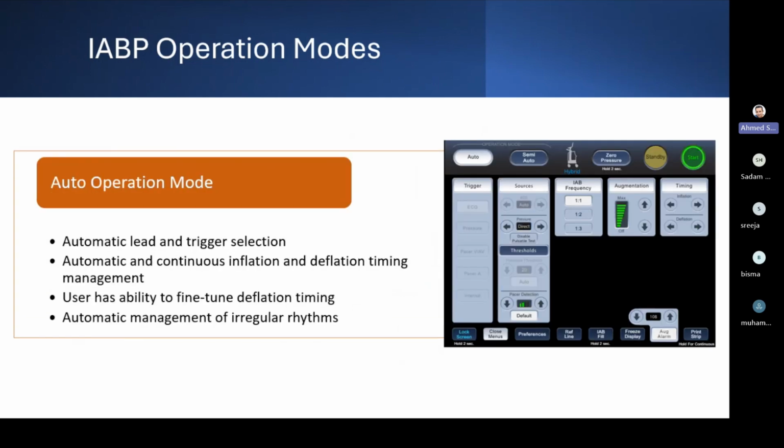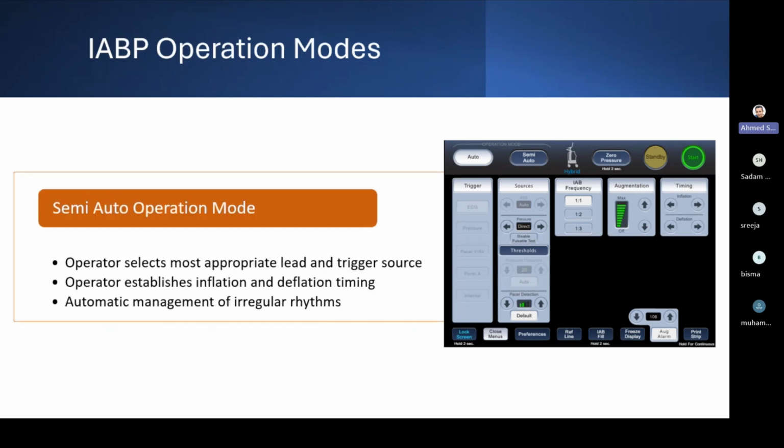In the auto mode, the machine will automatically select the trigger, and also it will automatically control the inflation timing, but the operator will have access to adjust the timing for the deflation. And also the balloon will automatically manage the arrhythmia regarding the timing for the inflation and the deflation.